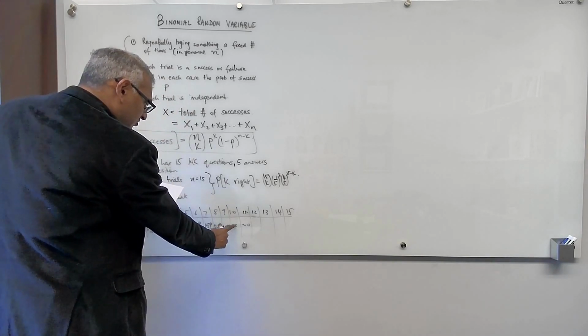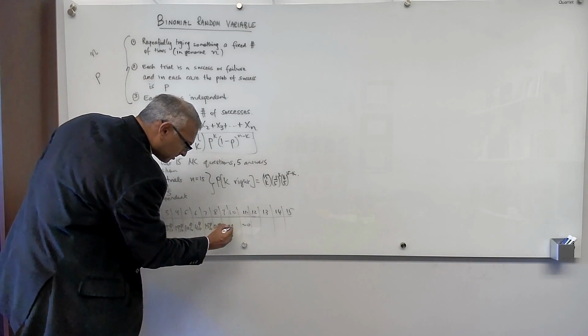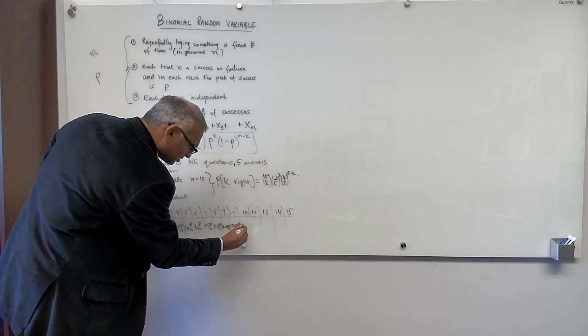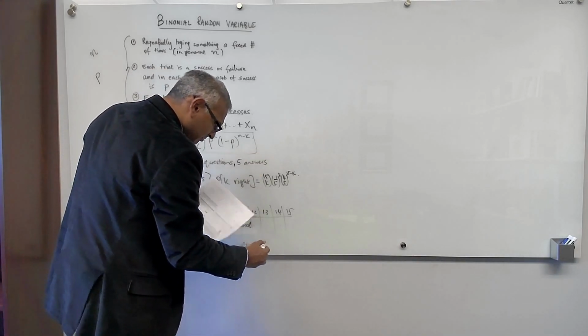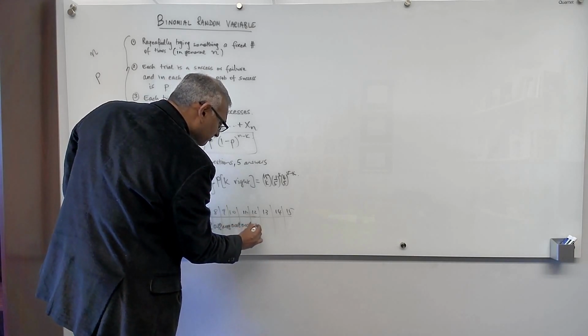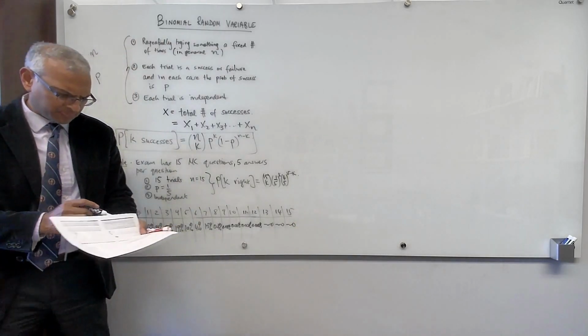And then your chances of getting 10 correct are 0.01%, and 11 correct are 0.001%, and then 0.0001%, and then 0. I'm just going to say 0.